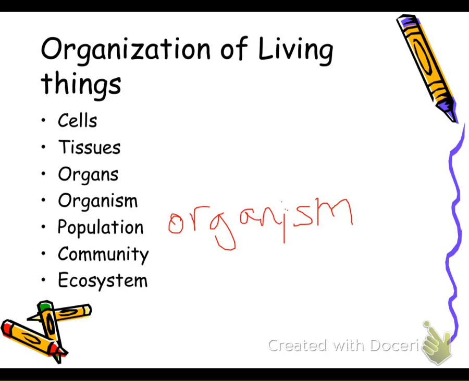Whereas a community is a group of different organisms, and then the ecosystem is both the biotic and abiotic factors. My pen's not working right now. So it's both the biotic and the abiotic factors.